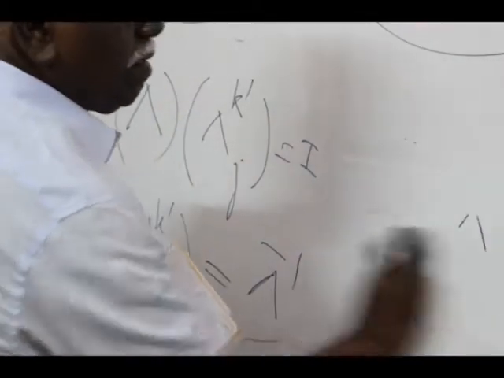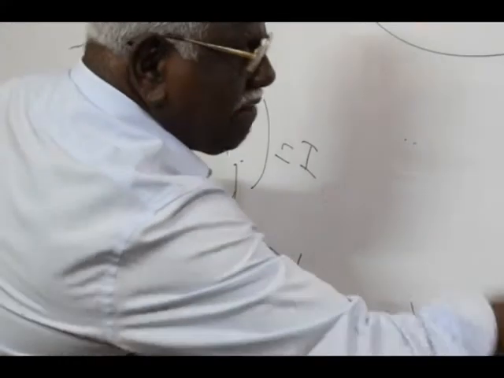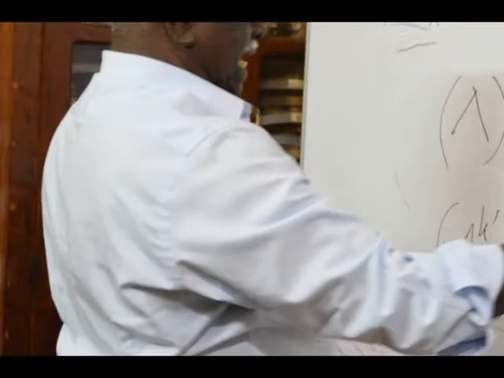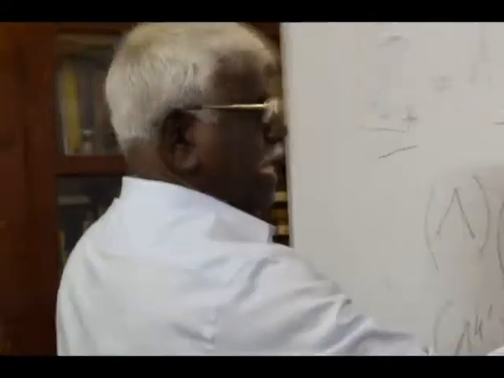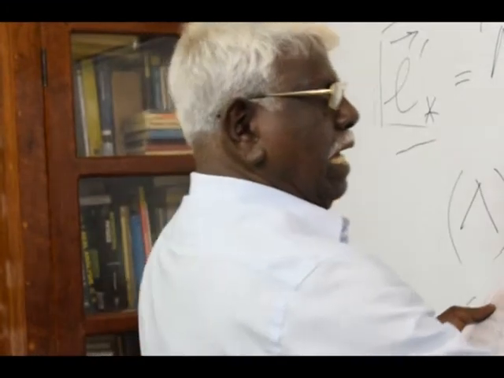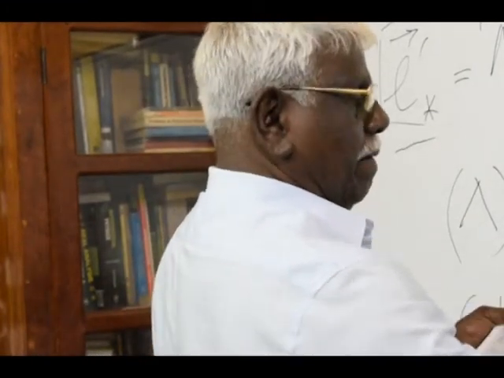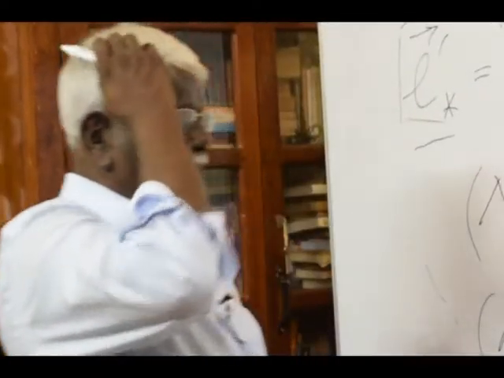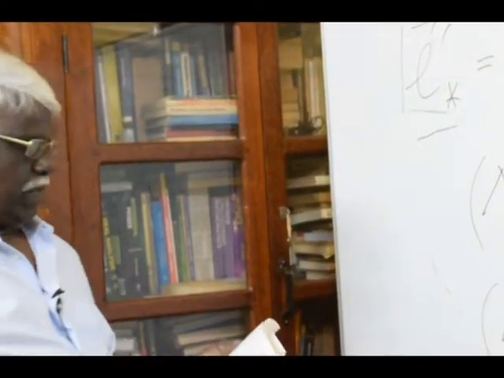And we have the transformation formula for the contravariant components of the vector. What is that? ak dash equals lambda k dash i ai.